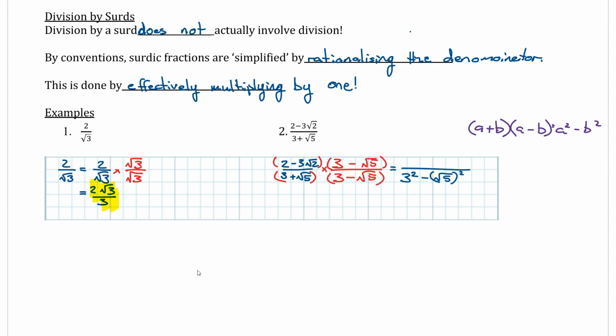And then up in the numerator, it's going to be 2 times 3, minus 2 root 5, minus 9 root 2, and then plus 3 root 2 times 5, like so.